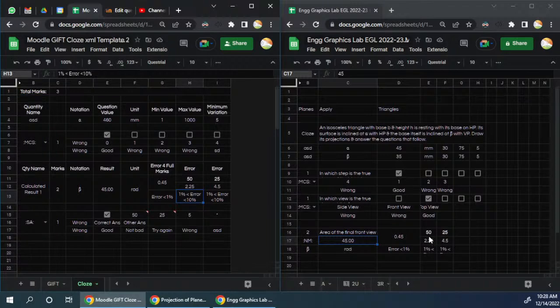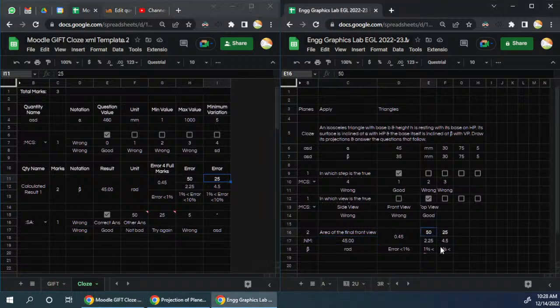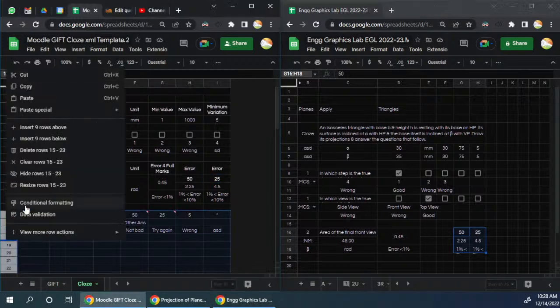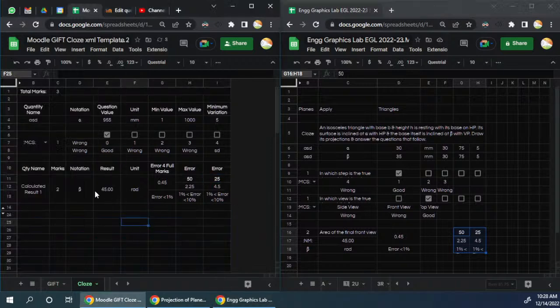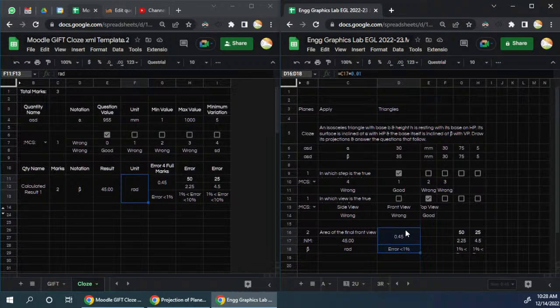So these 2 blocks we need to go all the way back here, and, come on, this is confusing me. So this unit has to come over here.